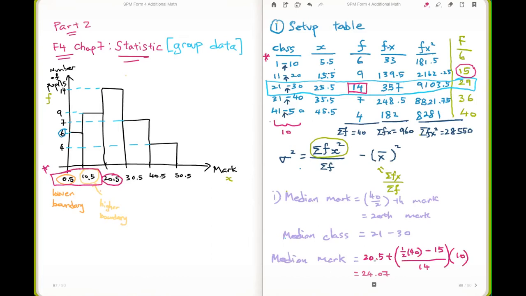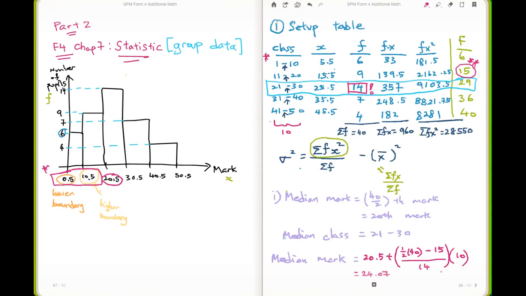Lower boundary, half, median is half, cumulative before the class, over the frequency here, times 10. Good answer.